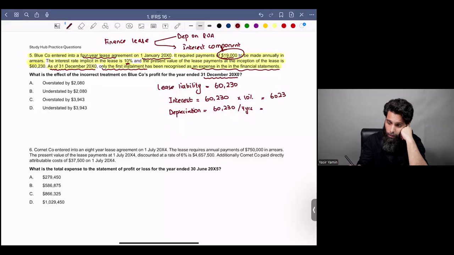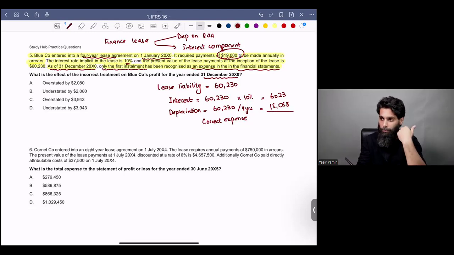What should the amount be? It should be 15,058. So the correct expense which should have been noted under P&L should have been 15,058 plus 6,023. What should be the correct answer?